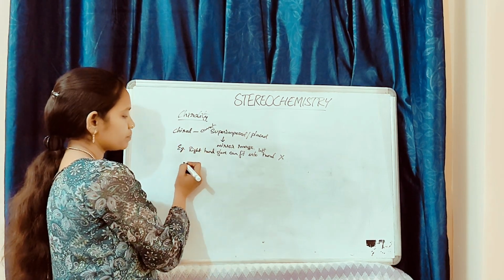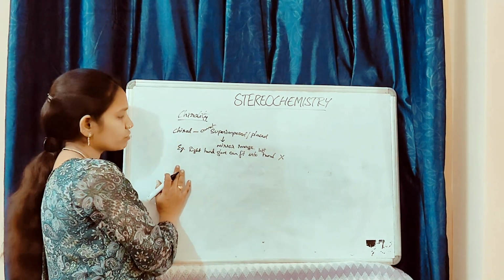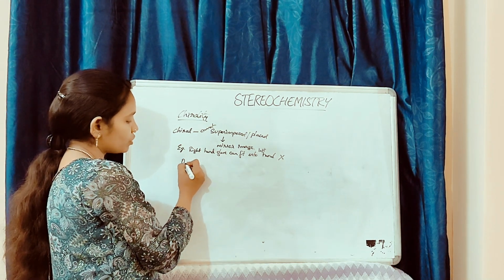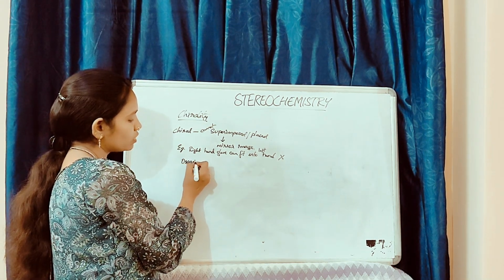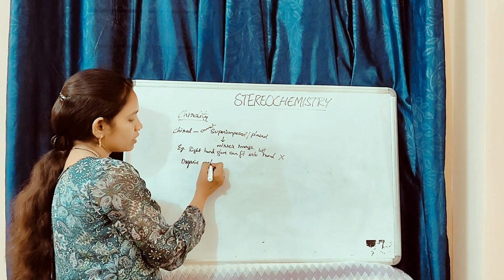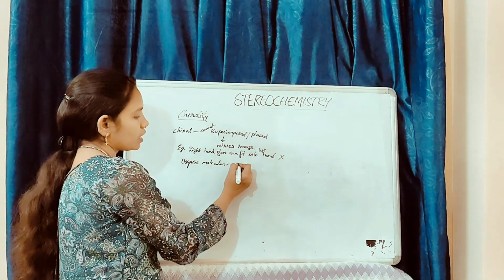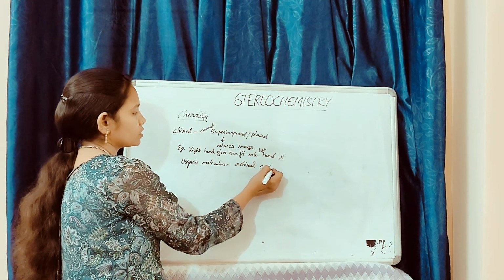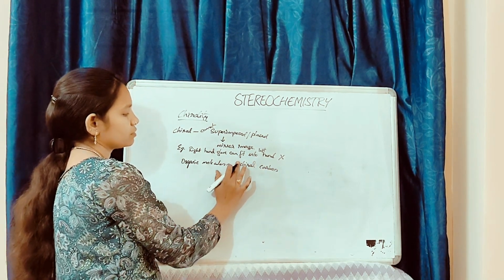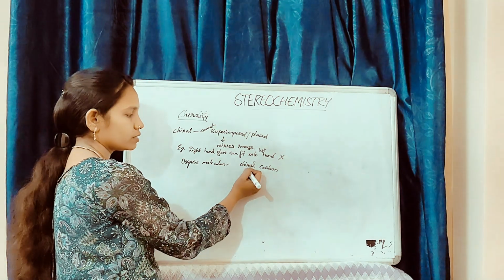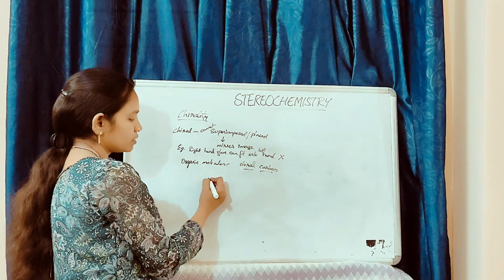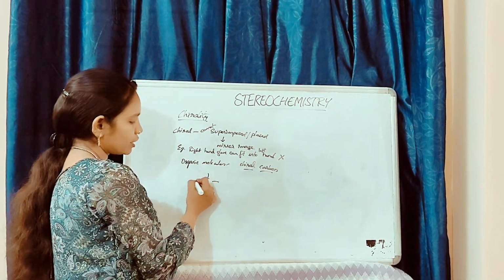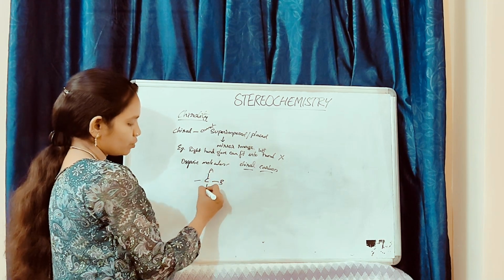The most common cause of chirality in organic molecules is a chiral carbon. What is a chiral carbon? A carbon attached to four different groups.